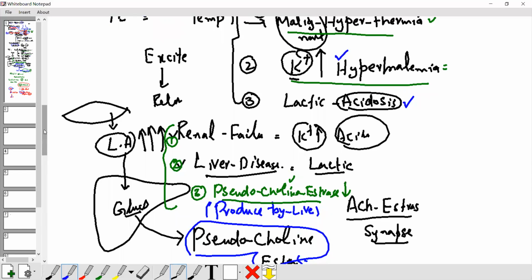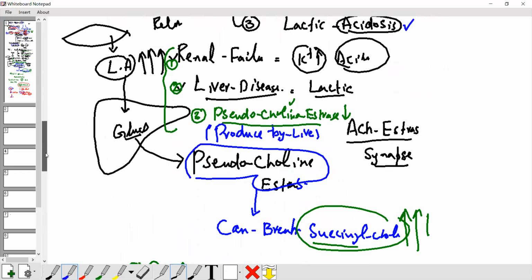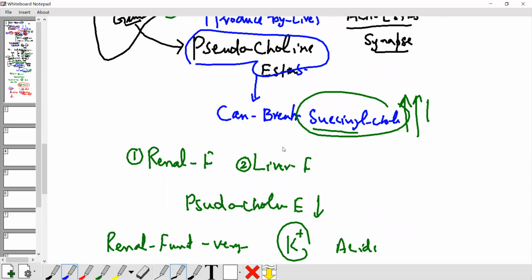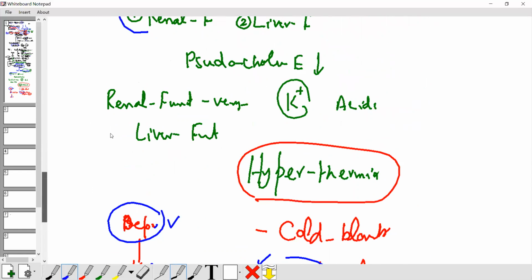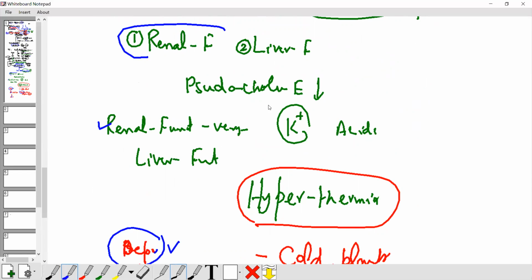So how can you control the side effects of succinylcholine? The kidney must function well, so not a renal failure patient. If the liver is intact and the kidney is intact and they perform normally, then you can easily use succinylcholine. The only thing left is one side effect, hyperthermia. How do you control hyperthermia?